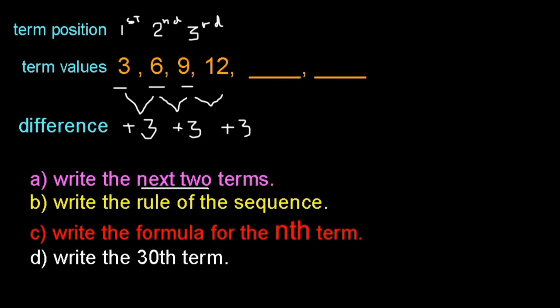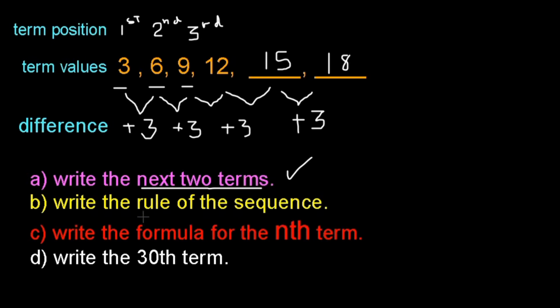Since we are first doing part A, writing the next 2 terms, I can do that very easily since these are all multiples of 3. If I add 3 to 12, it becomes 15. Again, if I add 3 to 15, it's going to be 18. So I have completed part A, write the next 2 terms.